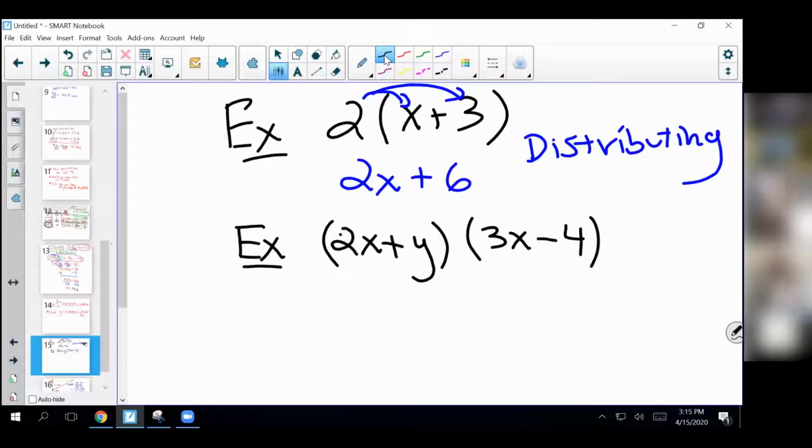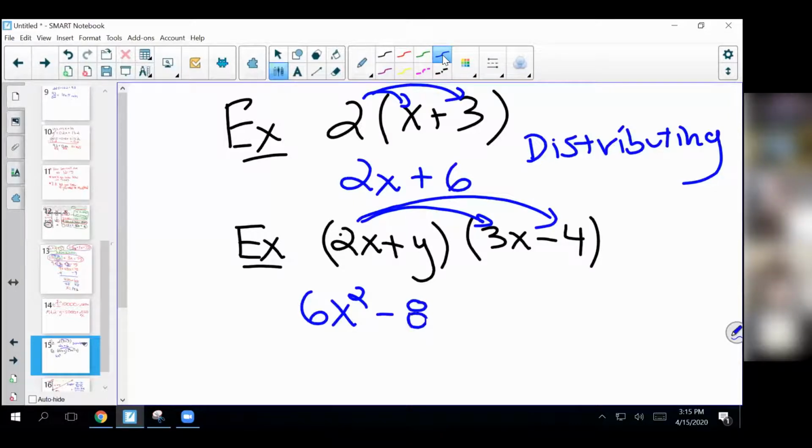You're going to take every combination here with every combination here. So the 2 times the 3x is 2 times 3 is 6, x times x is x squared. 2 times negative 4, that's going to be negative 8, and we still have the x.